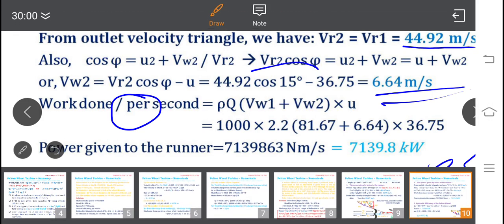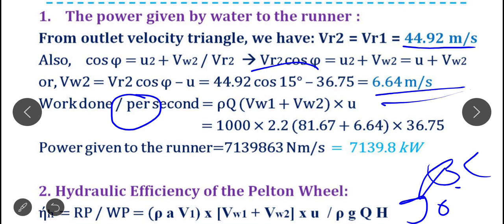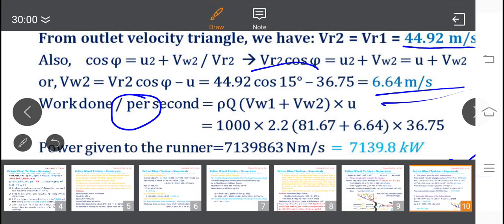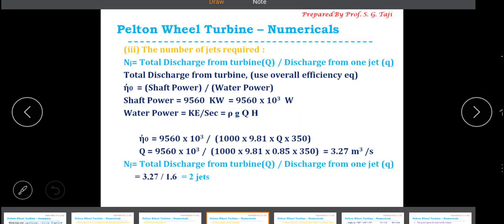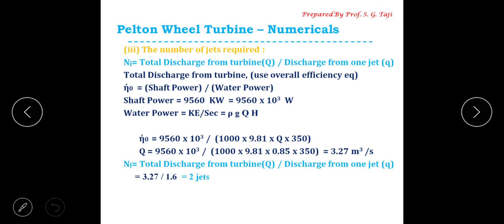Therefore, you have to take the plus sign inside the bracket multiplied by U. 1000 multiplied by 2.2, what is 2.2? Discharge. Multiplied by (81.67 plus 6.64) multiplied by 36.75, the U value. You will get the power given to the runner.